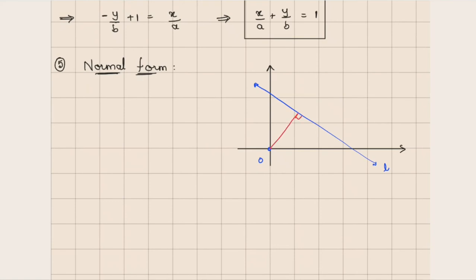This is the perpendicular line. Let's say this is M. We know the length of OM, let's say this is p. The first condition is, we should know the length of the perpendicular from the origin to the line.